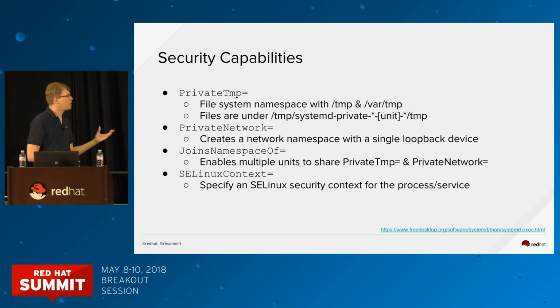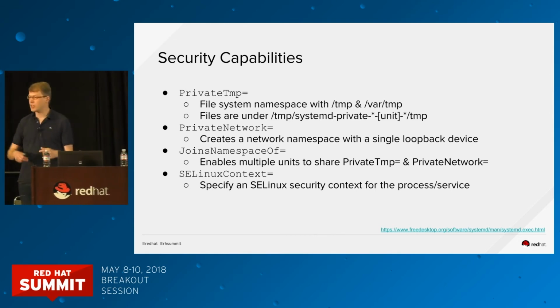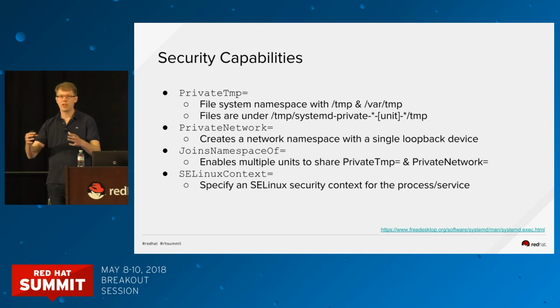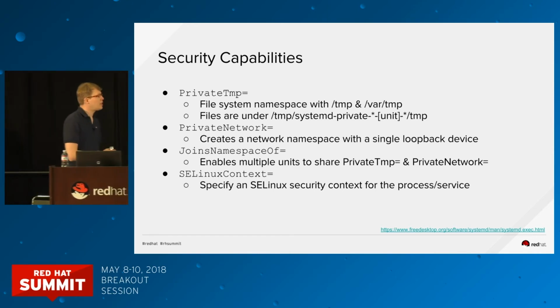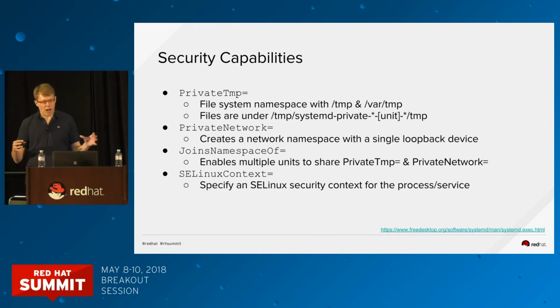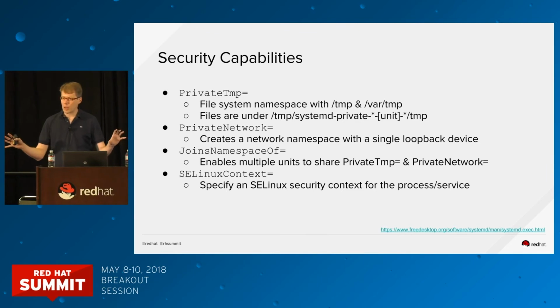There's another one, JoinsNamespaceOf. This is actually a kind of dependency that you can define between different services. It basically allows you to have two independent services, but still make them share their /tmp and /var/tmp, even though PrivateTmp is on, and still share the same private network, even though PrivateNetwork is on, right?